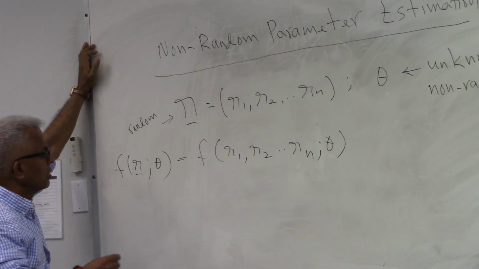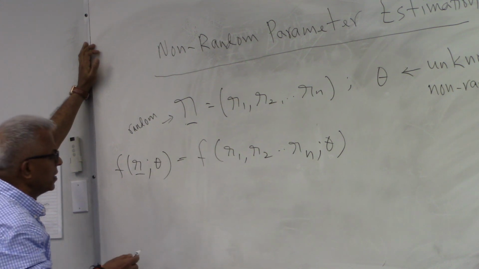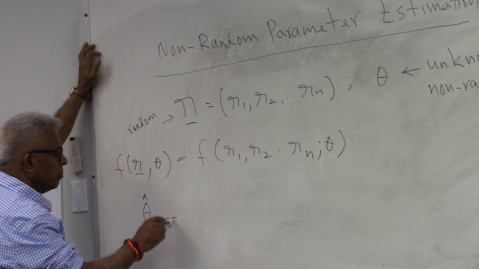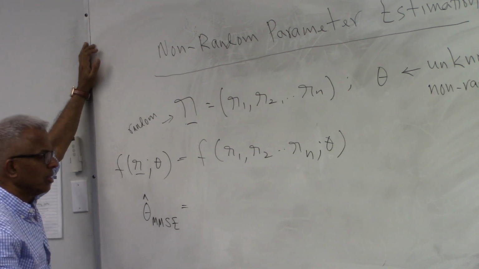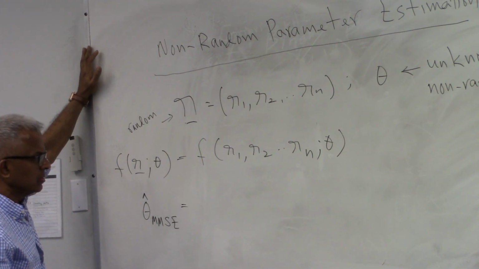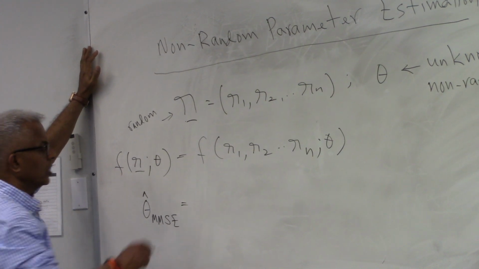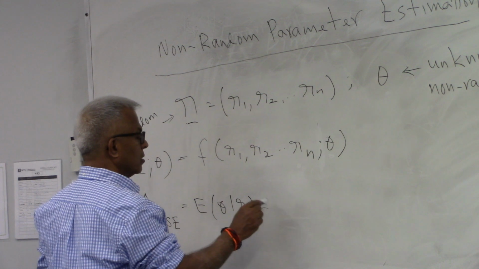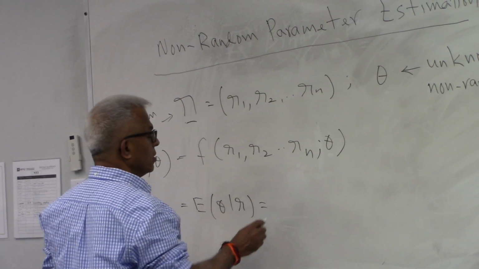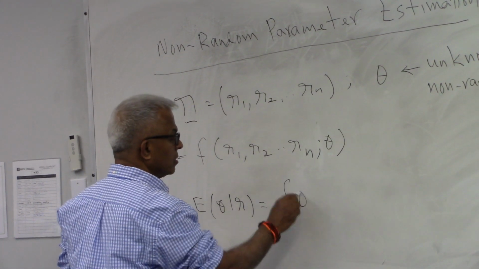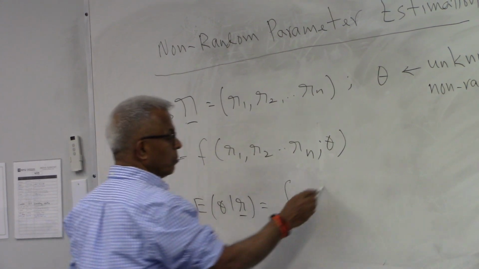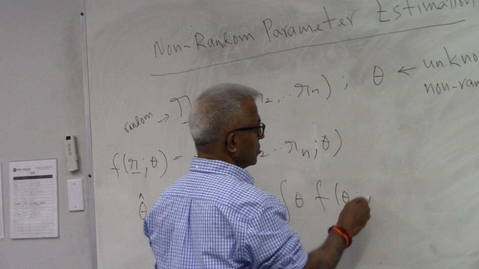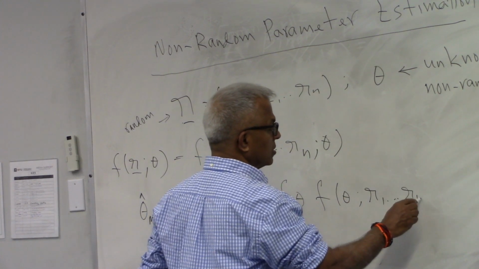Since we have studied the minimum mean squared error, let me look at the conditional density function, the expected value of theta given R. By definition, that's going to be theta multiplied by the density function of theta, R1, etc., Rn.